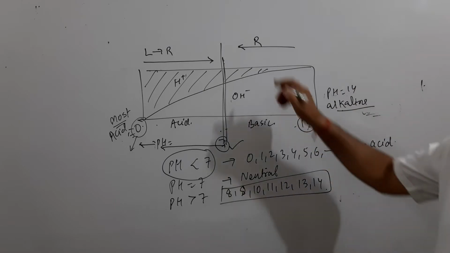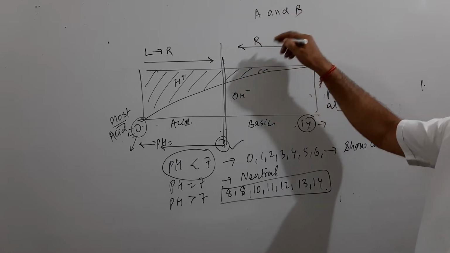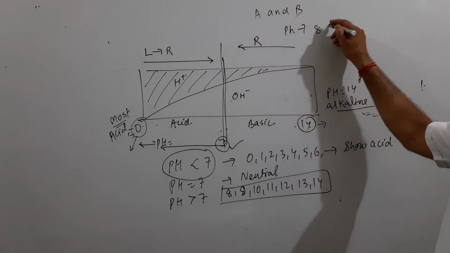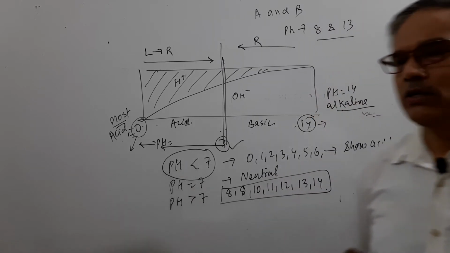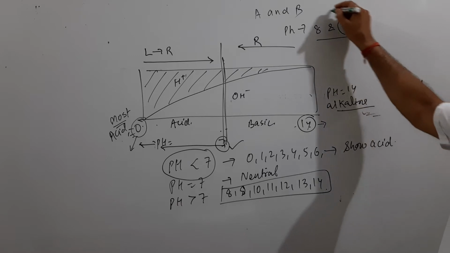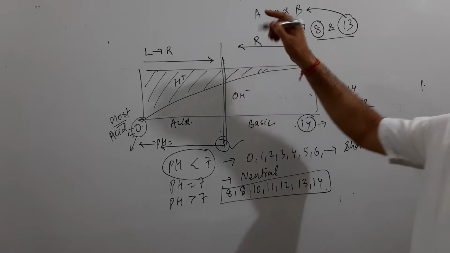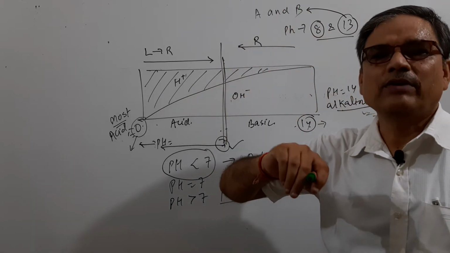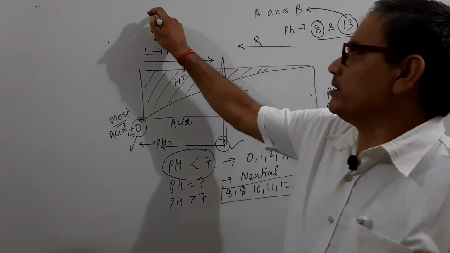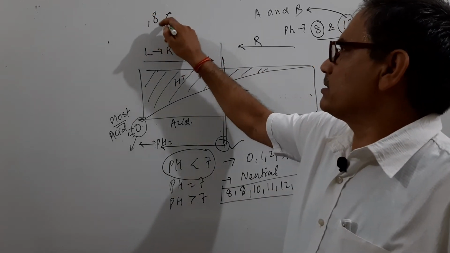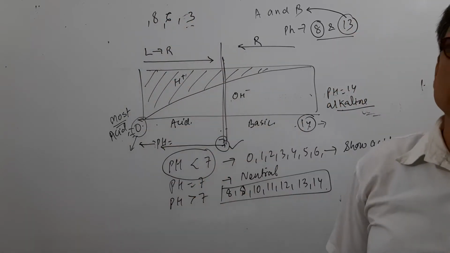If A and B are two solutions and their pH numbers are 8 and 13, then 13 is B, a strong base, and the one whose pH number is 8, which is A, is less basic in nature, less basic than B. And if we are given 8, 6 and 5, which is the strongest acidic in nature?